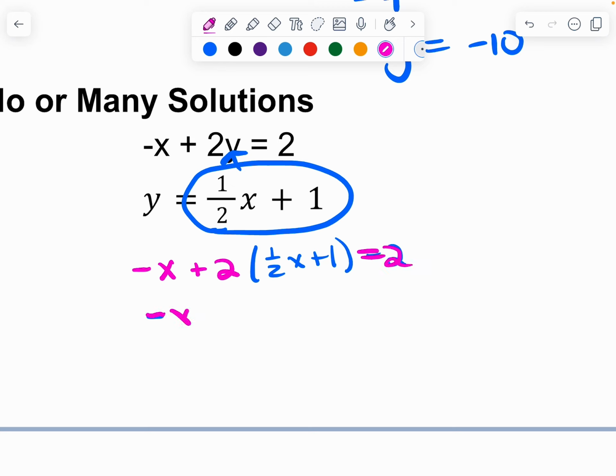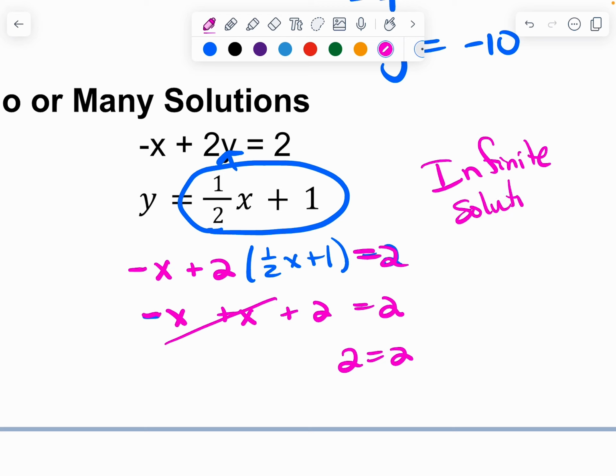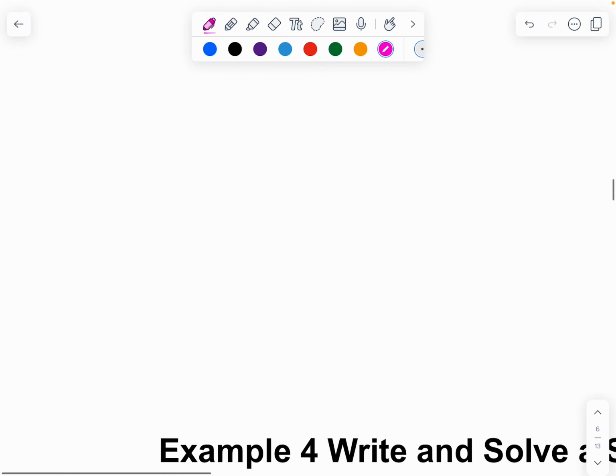So negative x plus 2 equals 2. These cancel, so I get 2 equals 2. So this means it's infinite solutions. And again, it's consistent and dependent. Okay, awesome.